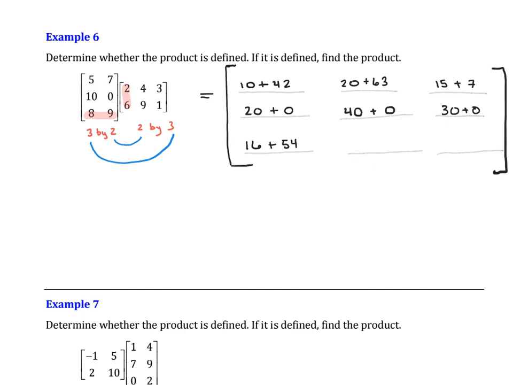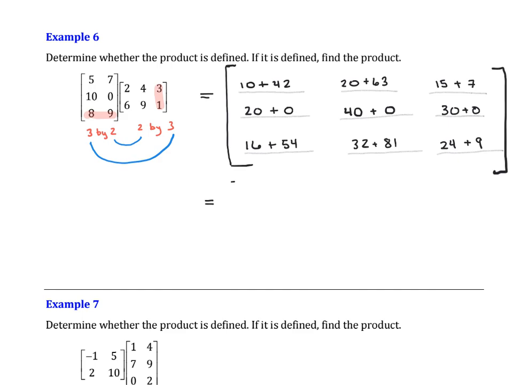So 8 times 4, 9 times 9. And now, third row, third column. So 8 times 3, 9 times 1.